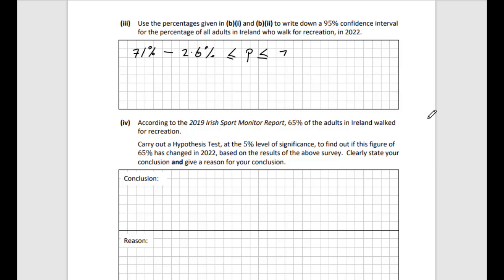And on this side then we've got our 71%. We just add the 2.6%. And that'll give us our confidence interval. So let's see, it's 68.4% on this side, and on this side here it's 73.6.